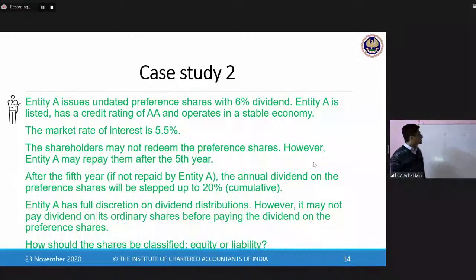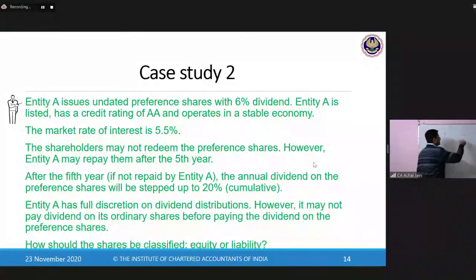So that means the issuer has an option of not paying this dividend. Even though the payment of this dividend on an annual basis will financially benefit entity A, still entity A has an option as per the contract to avoid its payment.